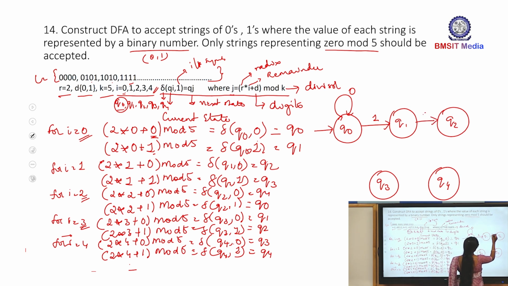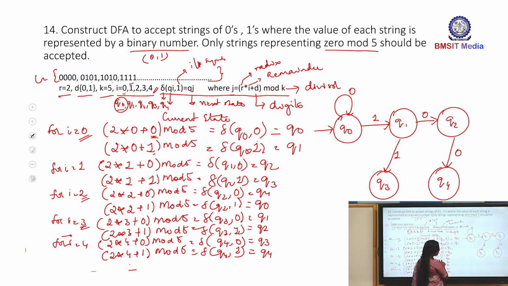Q1 on accepting a 1 makes a transition to Q3. Now coming to Q2, Q2 on seeing a 0 makes a transition to Q4.